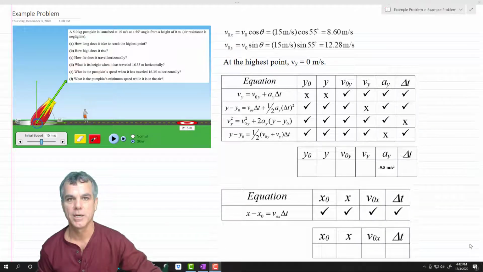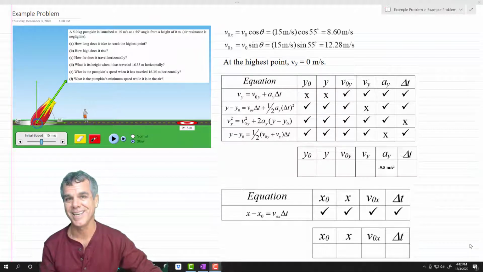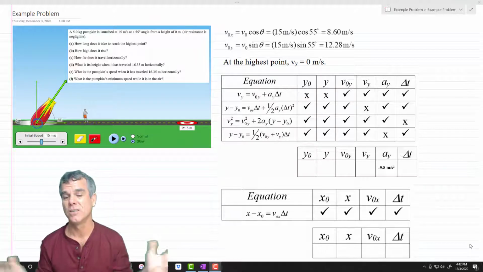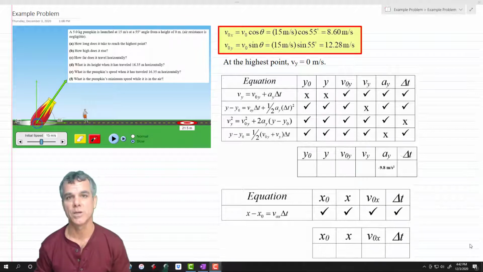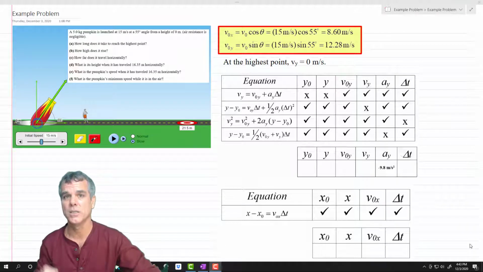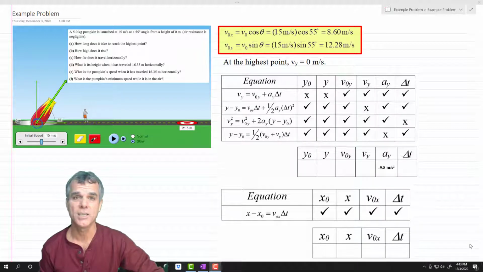Anytime you're doing a projectile motion problem, you're always going to need the initial velocities in the x and y directions. So I like to just start by calculating those. Initial velocity in the x direction is initial speed times cosine of the launch angle; the initial velocity in the y direction is initial speed times sine of the launch angle. In our case, the initial speed is 15 meters per second.